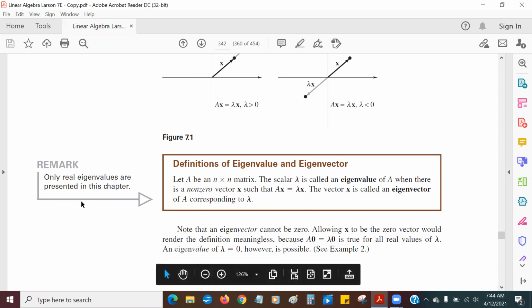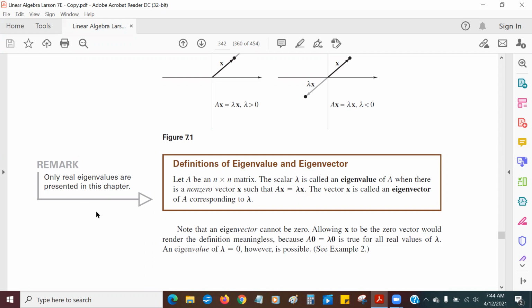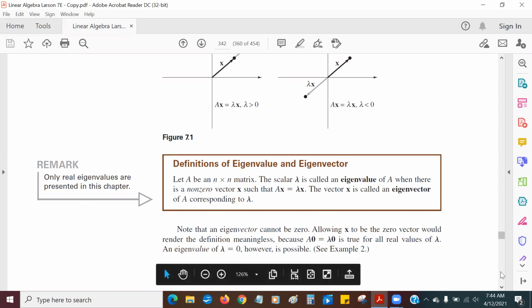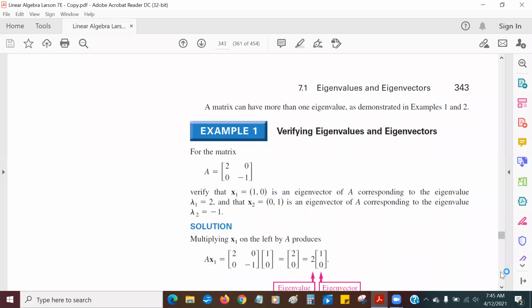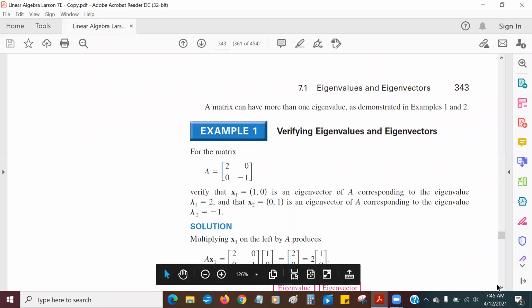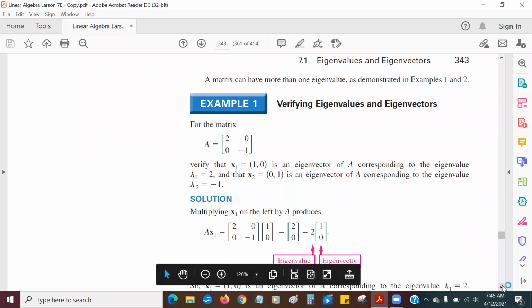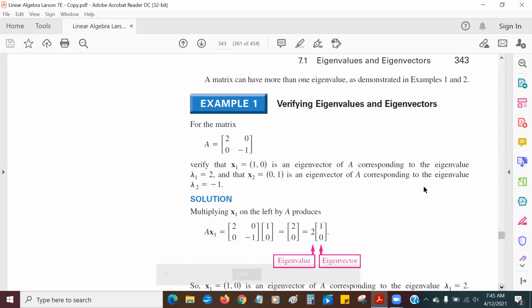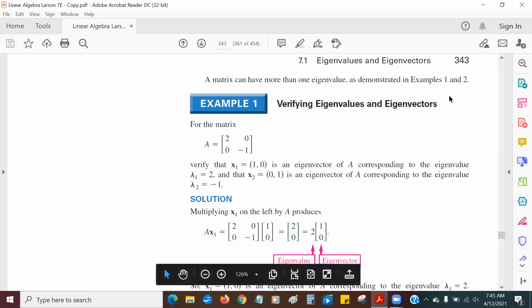We're only dealing with real valued eigenvalues in this chapter. Although in theory you can have complex, we're just doing real, keeping it real, as they say. A matrix can have more than one eigenvalue, as demonstrated in examples 1 and 2.